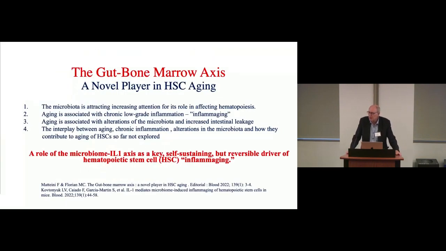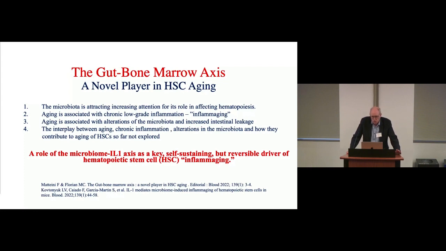So we have to realize, and this is not novel information, that the gut-bone marrow axis is a very, very important axis and is a novel player in hematopoietic stem cell aging. The microbiota has attracted increasing attention during the years, and now we also have heard from Angela's talk that aging is associated with chronic low-grade inflammation, what we call inflamma-aging.